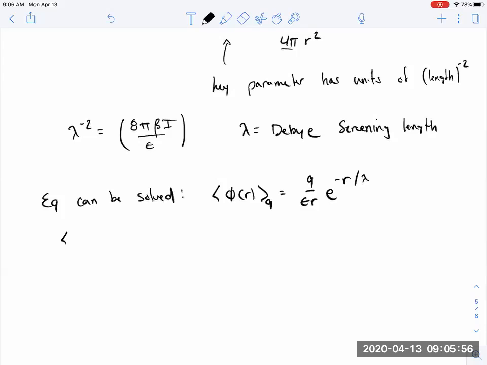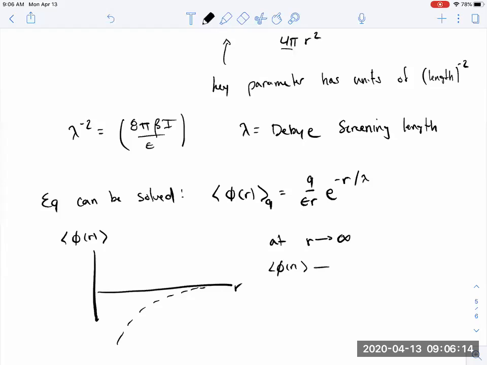So if we plotted this function, at large r, that potential on average goes to 0.